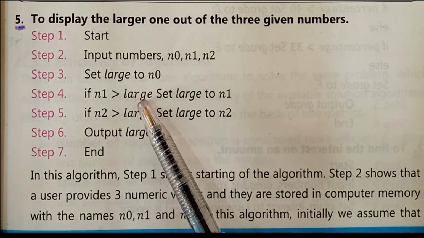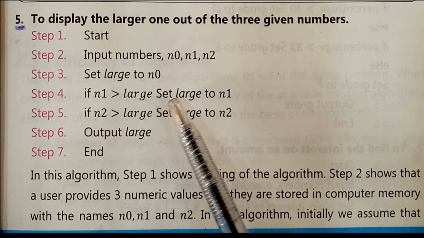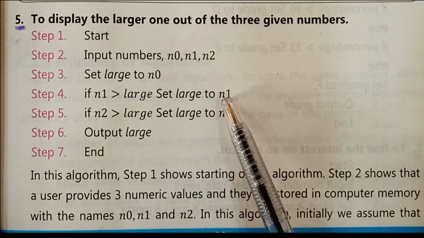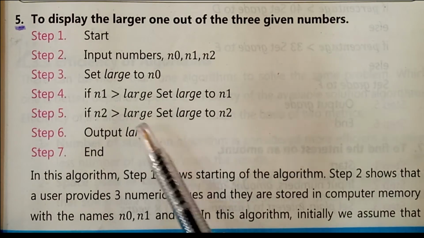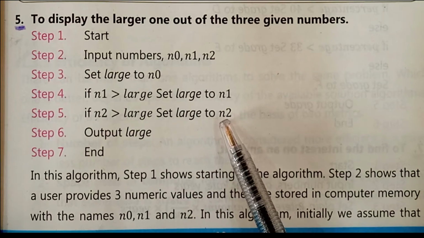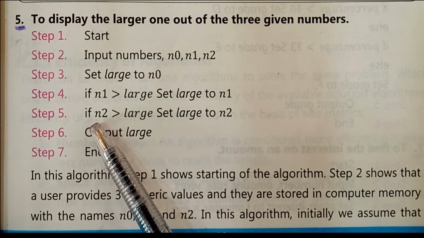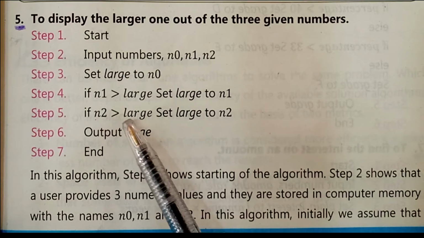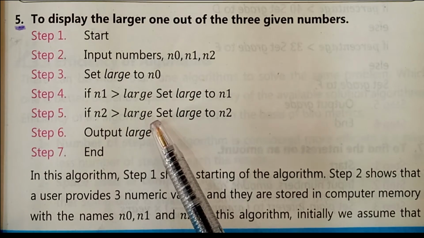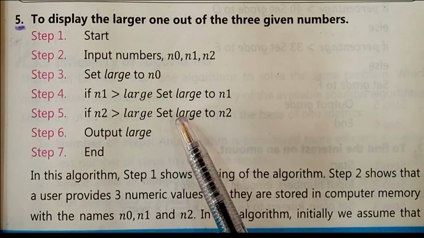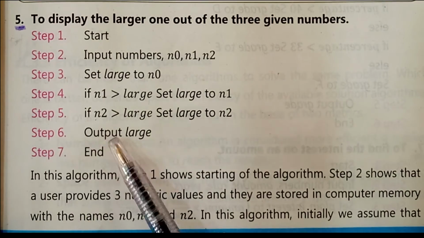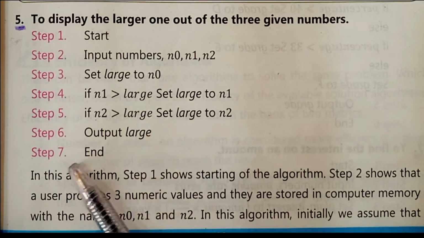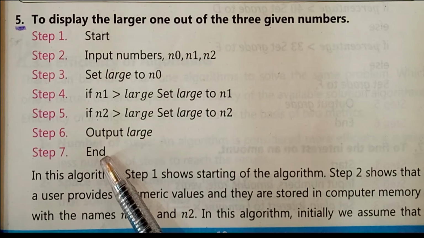If it is fulfilling the condition, then set large to n1. Step number 5, if n2 is greater than large, set large to n2. Here again we have a condition that if n2 is greater than large, so we set the value large in the computer memory to n2. Step number 6, output large, and step number 7 is the ending of the algorithm.